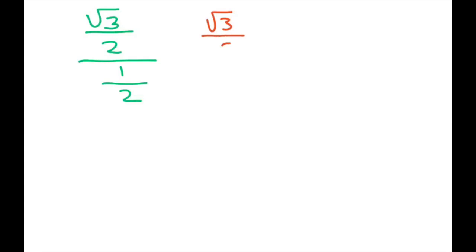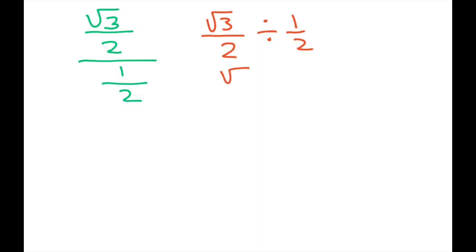Okay? And now we have square root of 3 divided by 2 over 1/2. So let's do it this way. Square root of 3 divided by 2 divided by 1/2.